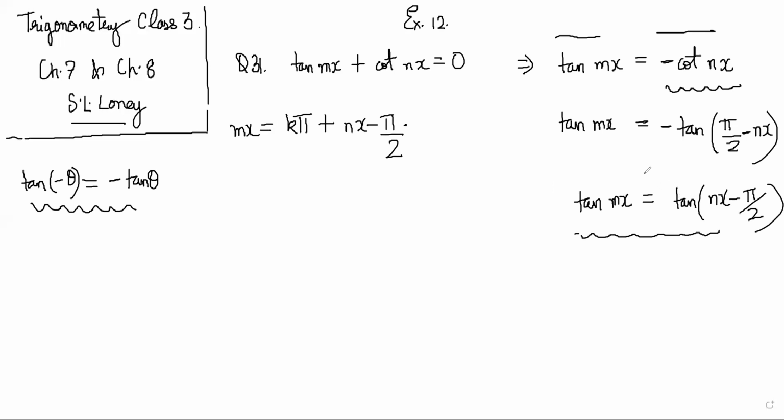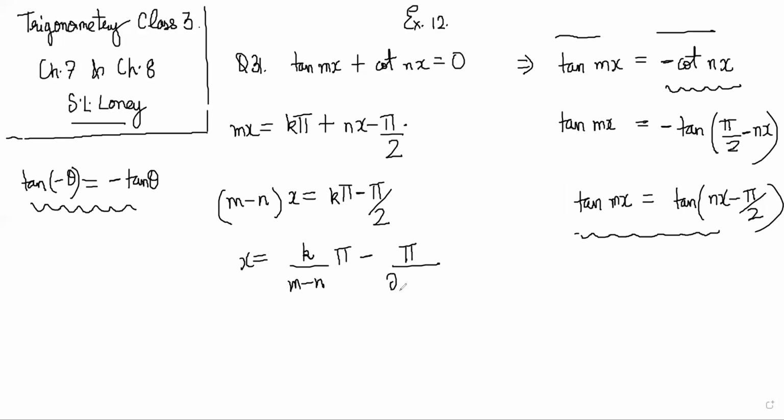So you get m minus n times x is equal to k pi minus pi by 2. x is equal to k by m minus n into pi, minus pi by 2 times m minus n. This will be my answer. K is an integer, m and n are also integers as given in the question.